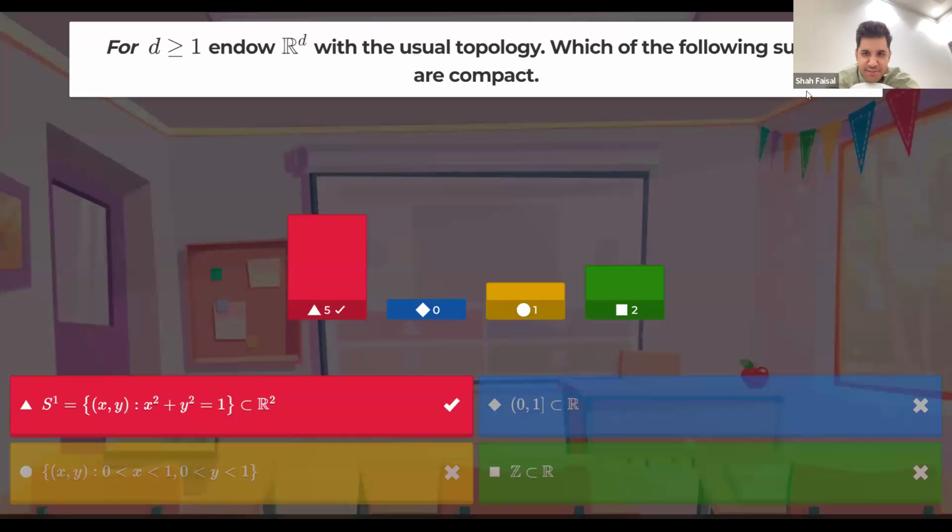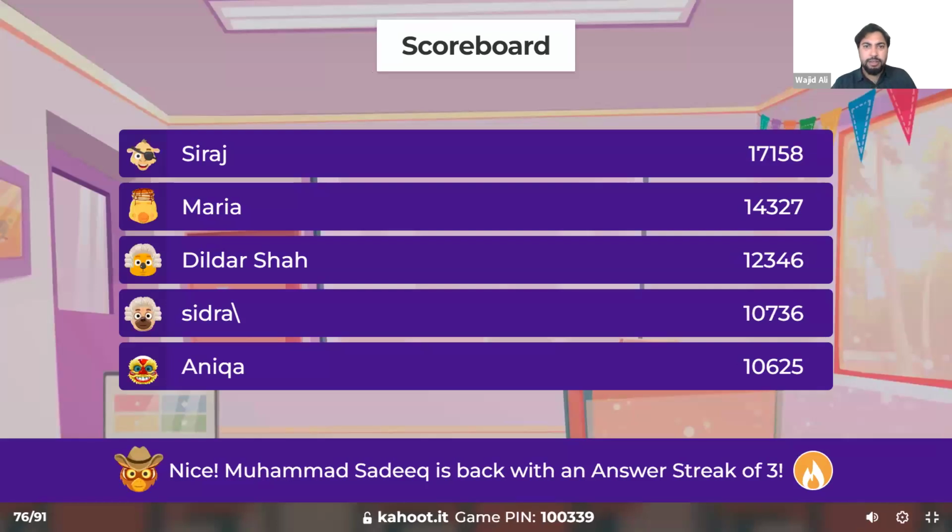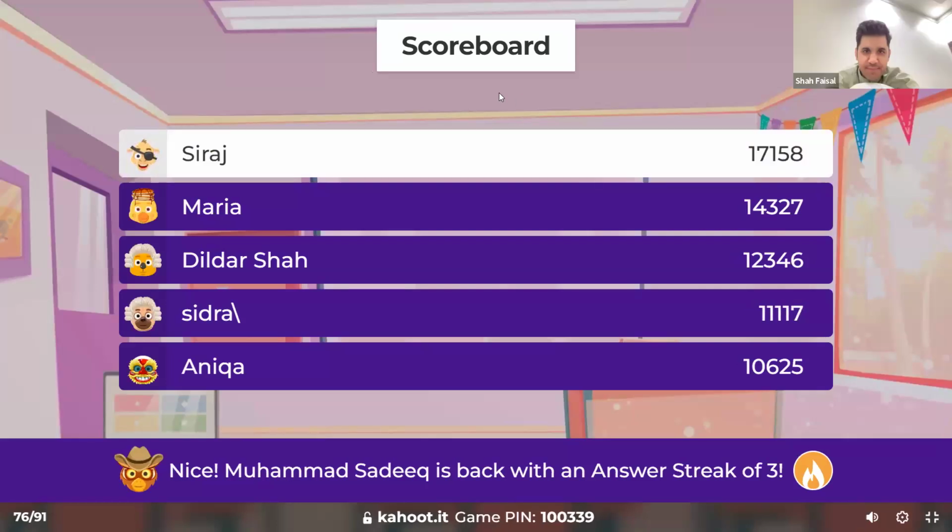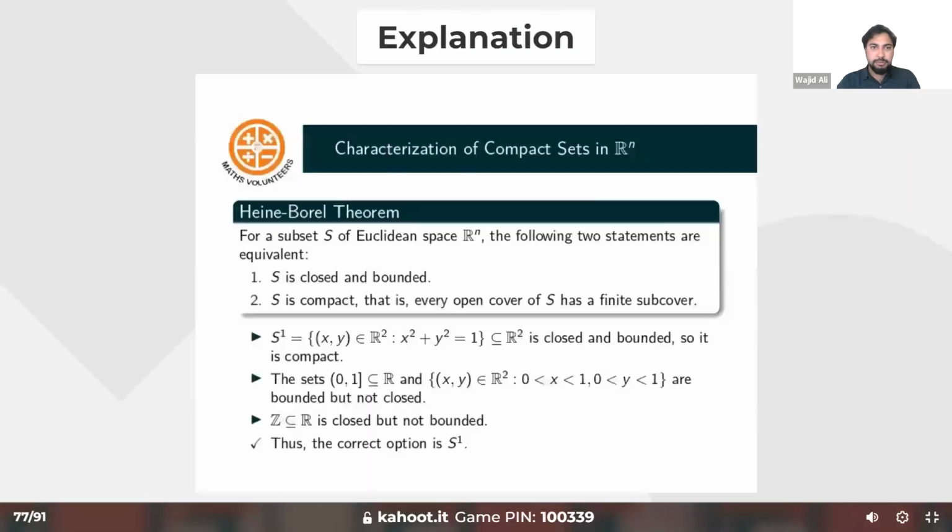Well, it's stretched. But still, I can see it in full, so no problem. I mean, so that the other participants can also see. So that's the podium. And then the explanation.